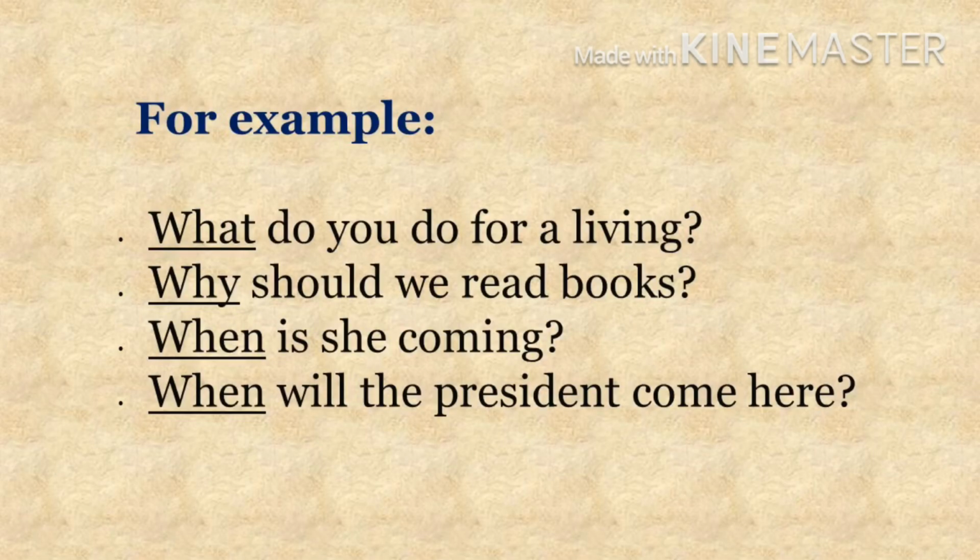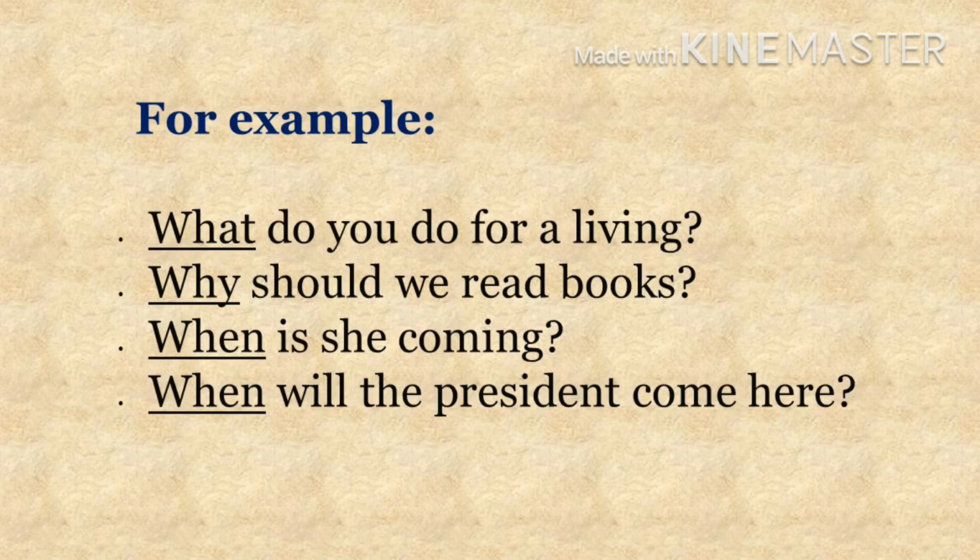Let's see some examples of a WH question with auxiliary. What do you do for a living? The first do is an auxiliary. The second do is the main verb. Next example. Why should we read books? Next example.